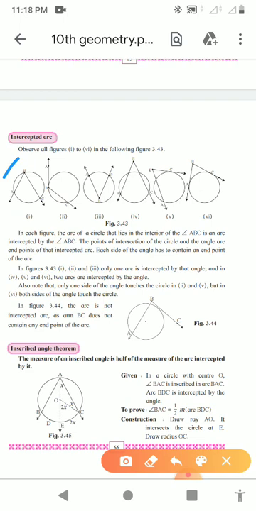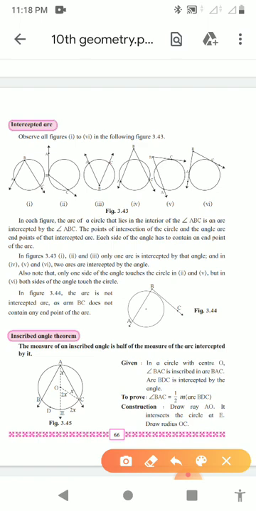Now the points of intersection of the circle and the angle are known as end points, isn't it? The end points of that intercepted arc, we commonly call them end points. Each side of the angle has to contain an end point of the arc, whether it is a major arc or a minor arc. In this complete diagram, which consists of 6 subfigures, let's look at the first, second and third diagrams.